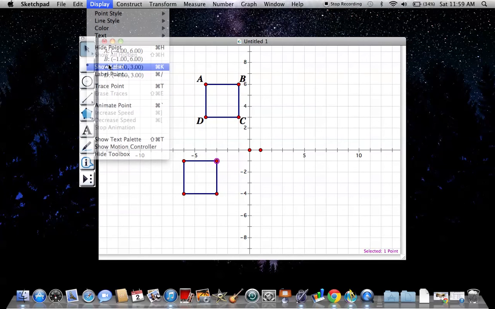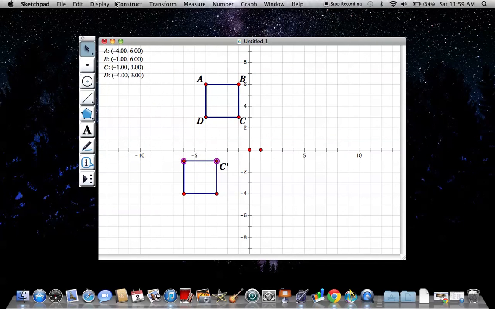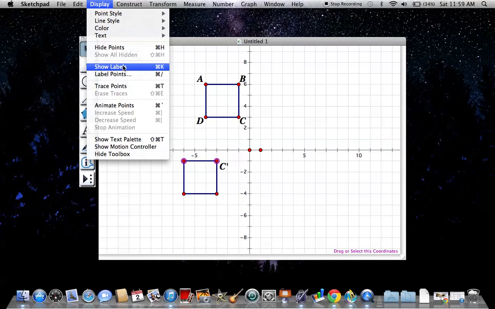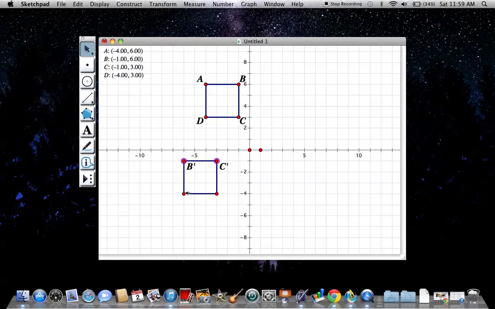Display, show label. If I do it all at once, there we go. So you see here, this was rotated 90 degrees. B was rotated 90 degrees. A was rotated 90 degrees. And D was rotated 90 degrees.